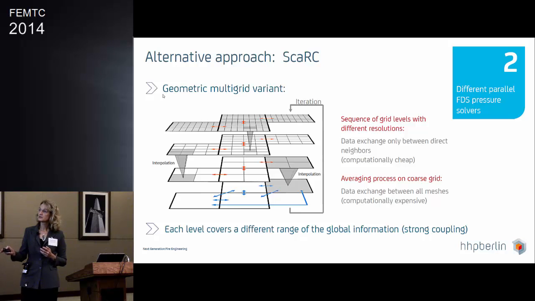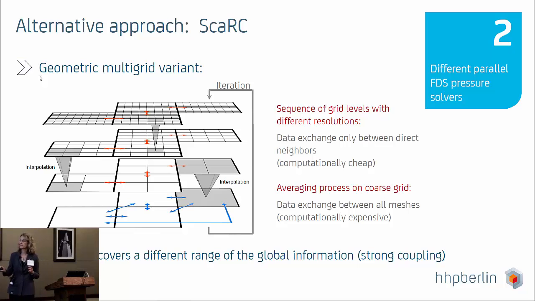On all the different grids, except the coarsest one, I only need local and cheap data exchanges. But only on the coarsest grid level, I also need global data exchanges, which seems to be somehow unavoidable to me because I want to reproduce this very strong global connectivity.